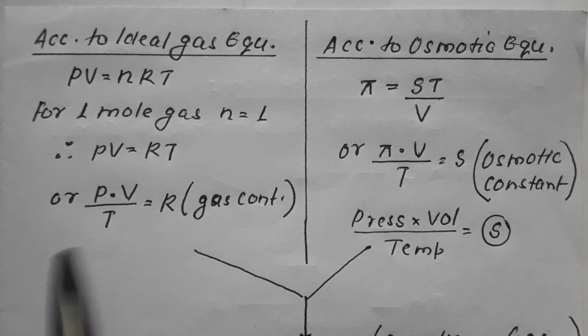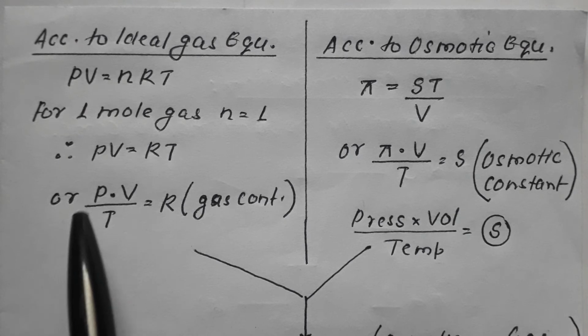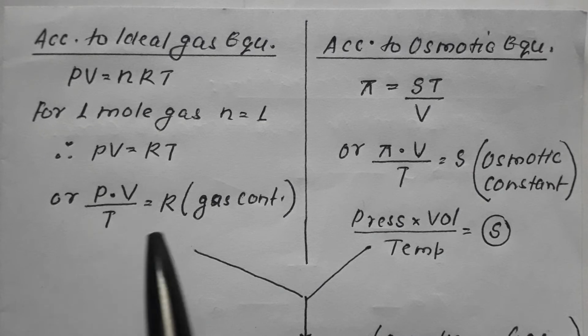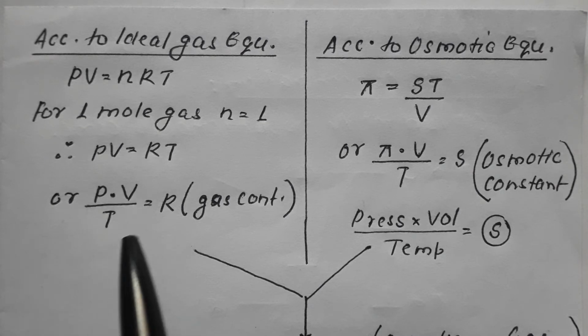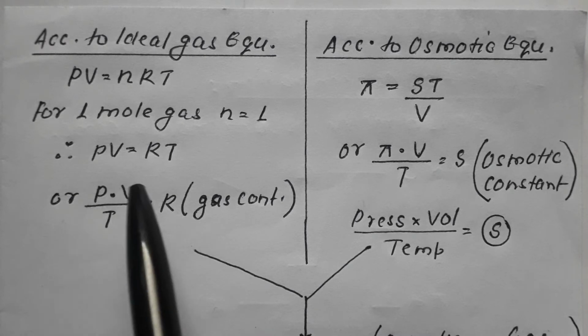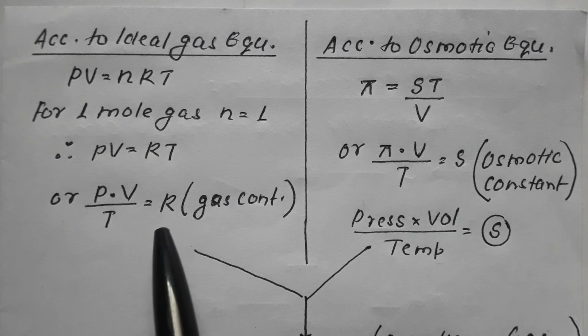If I bring T to the denominator, it becomes P into V by T is equal to R, the gas constant.